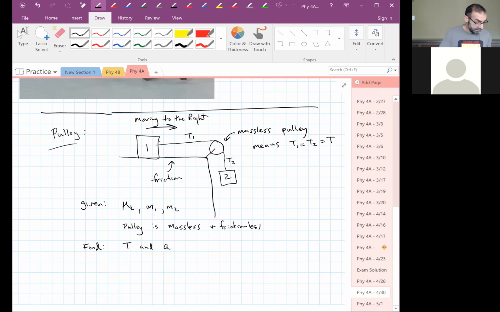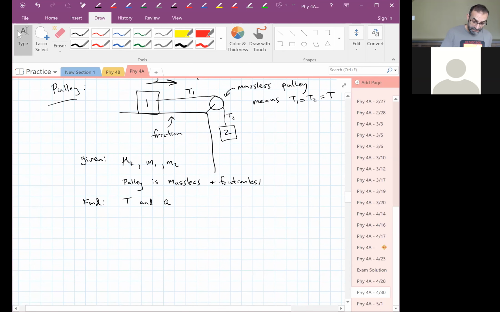So let's do that. Free body diagrams for the two blocks. Go ahead and draw those.